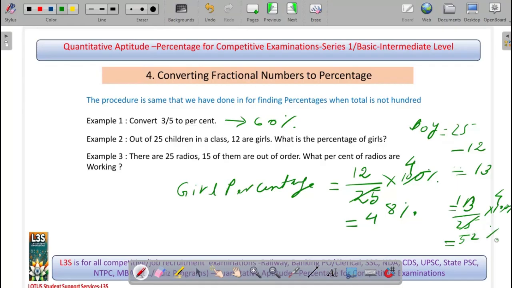So it will be 52% boys. Now another way we can find out the boy percentage. Girl percentage we got is 48%. So total is 100%, we know it. So if we subtract 48% from 100%, that way also we will get the percentage of boys.